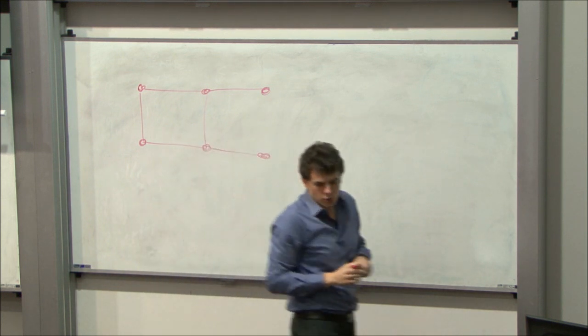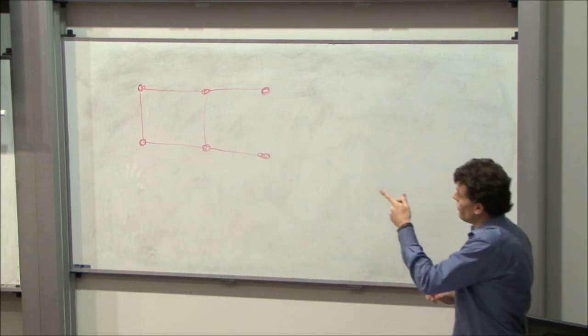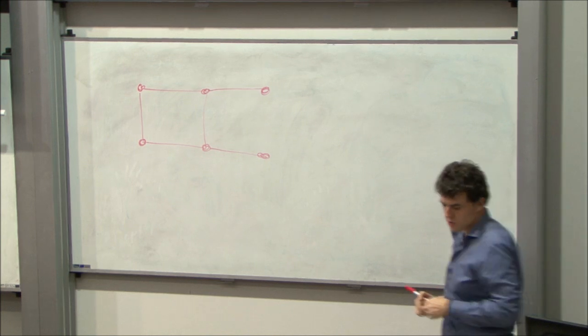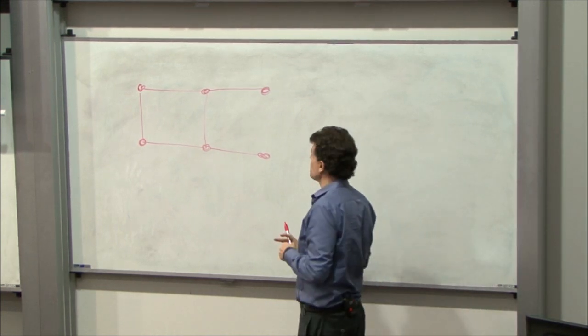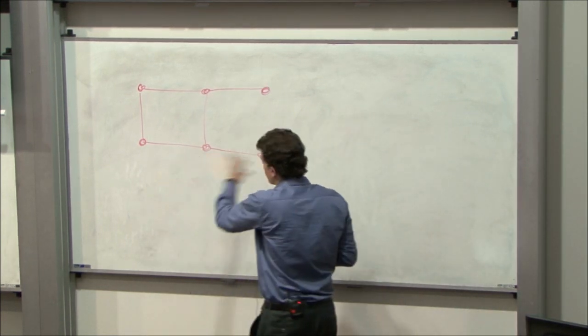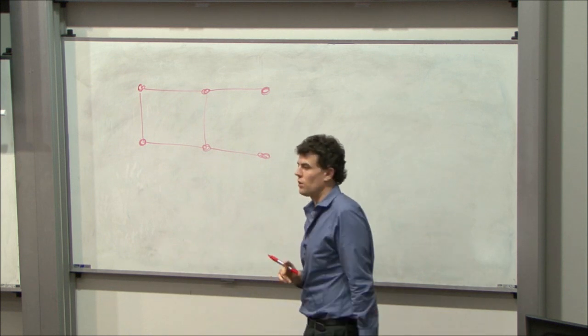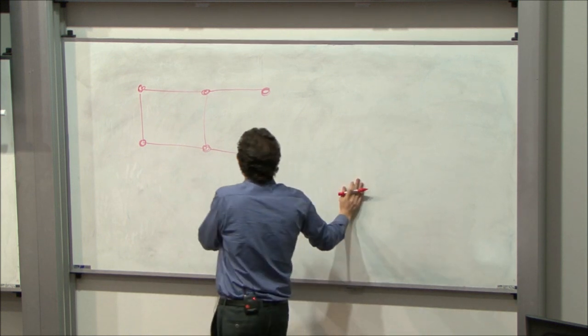Okay, so we'll do the problem that we had on the board earlier, a box with two flanges off the side, and I'll pre-idealize it, so I won't make you go through the idealization process.